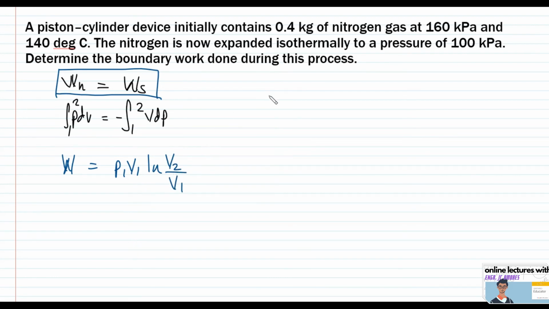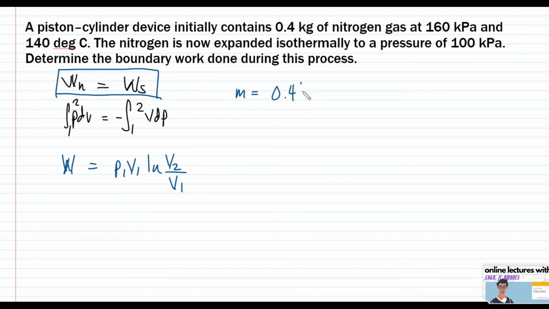So here we're given the pressure, the temperature, the mass, and also P sub 2. What we don't have here is our volume. But we are given the mass, so let's just write the given down.